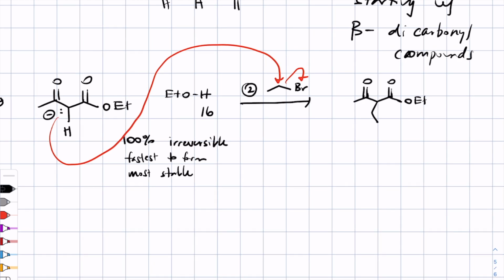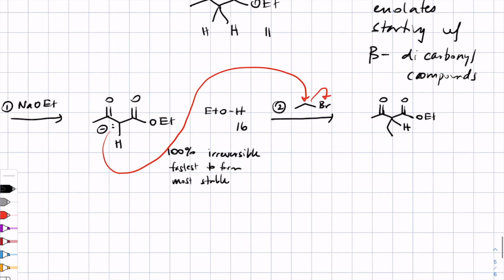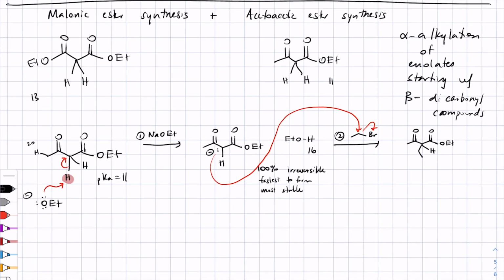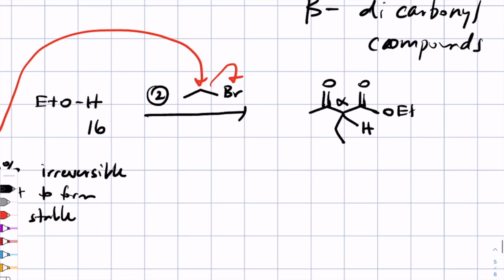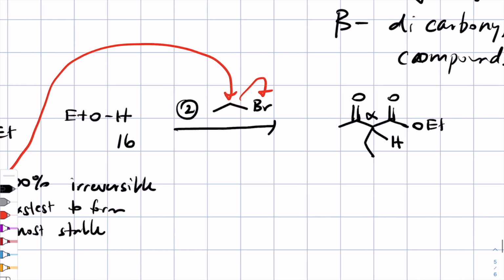And that gives you this product. Okay? Now let's talk about what you can do with this product. That was alpha alkylation, right? We have an alpha carbon. We have now installed an alkyl group on it. Yeah? Will it attack from both sides? Yes, if you make a stereocenter, you're going to get attack from above or below.